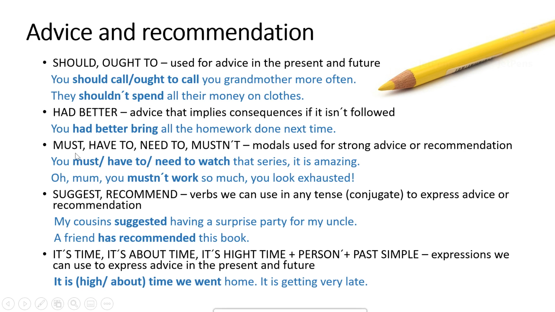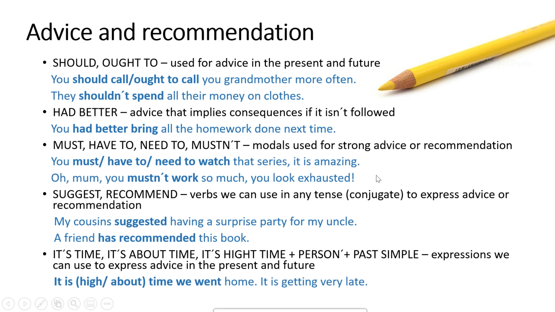Then we've got must, have to, need to, and even mustn't. If you want to give strong advice or strong recommendation, this is much stronger than should or ought to. Yes. Here you have the examples.